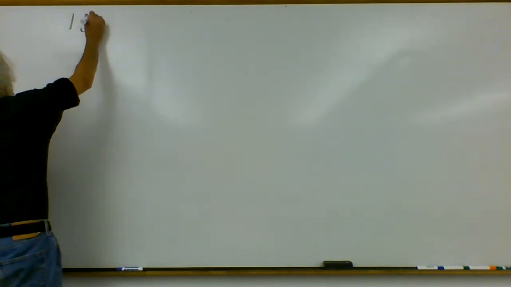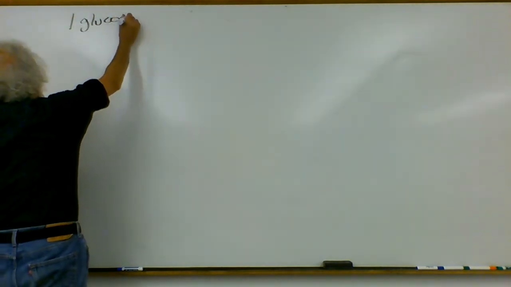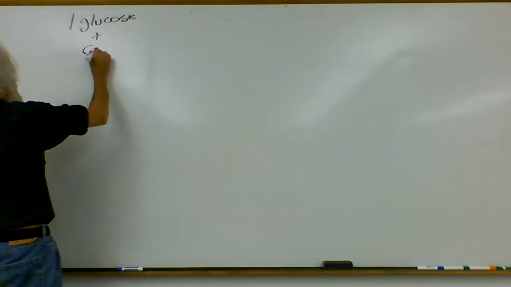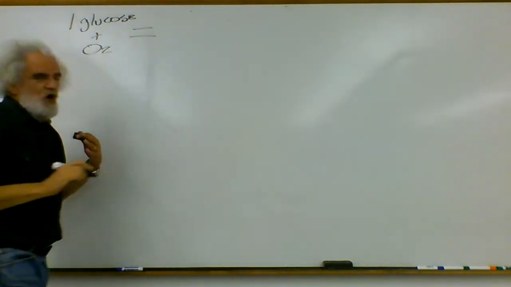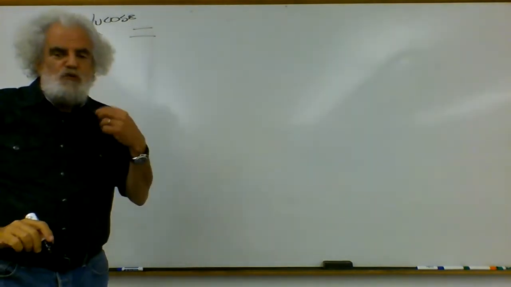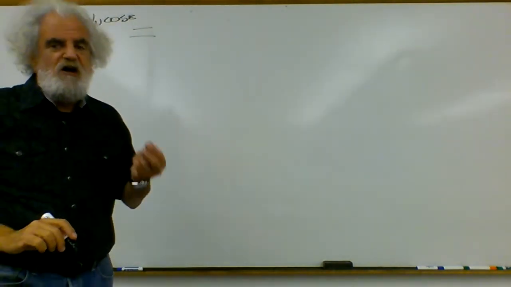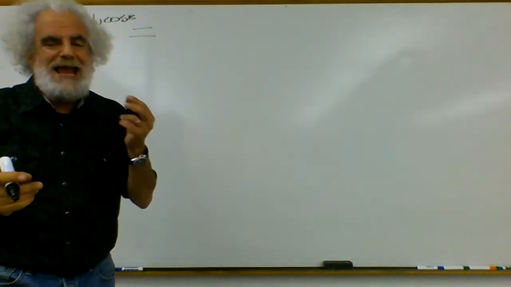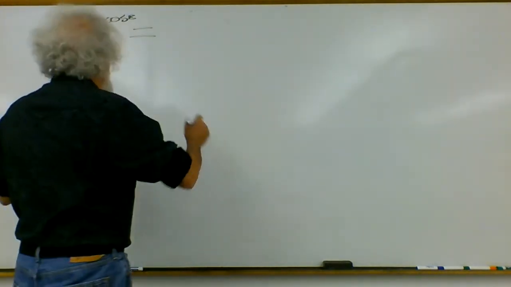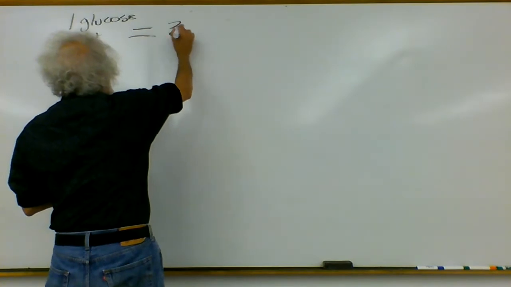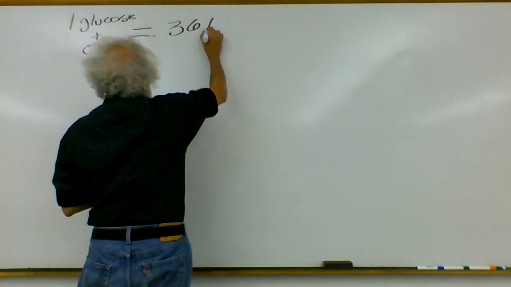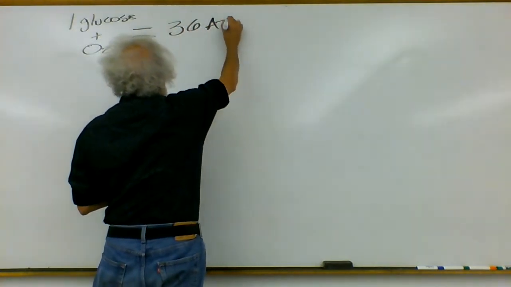It is this. 1 glucose in the presence of oxygen is going to result in the rephosphorylation of 36 ADPs, which means we say that it's equivalent to generating 36 ATPs.